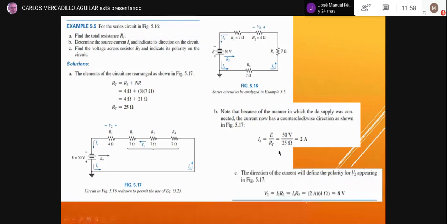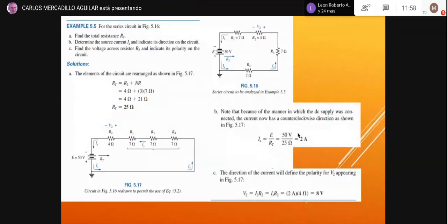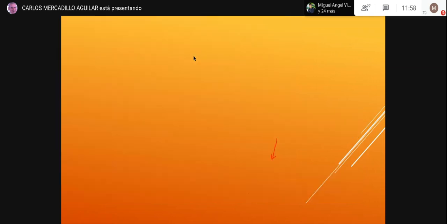Then the voltage is the current, 2 amps, times the resistor, that is 4 ohms. 2 times 4 is 8 volts. That's the voltage drop. Then we can continue and calculate all the others, but that's not what is requested in the exam.